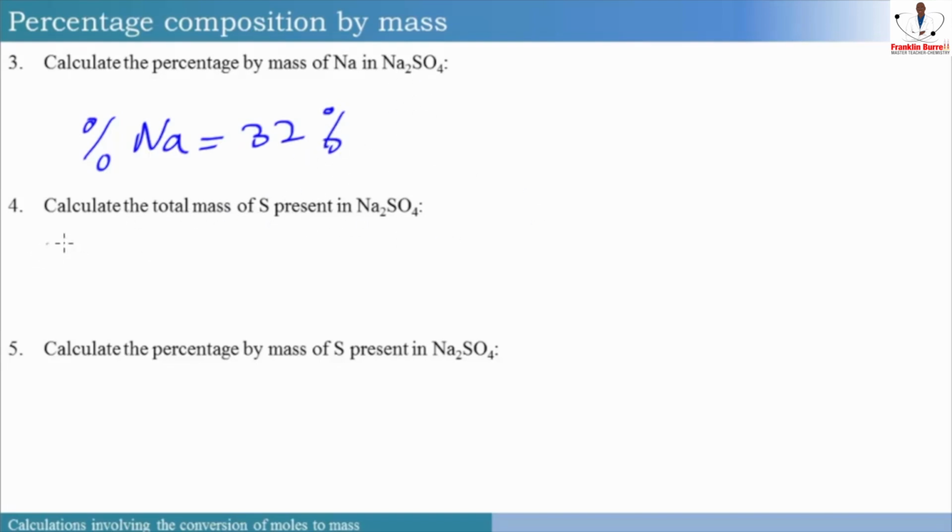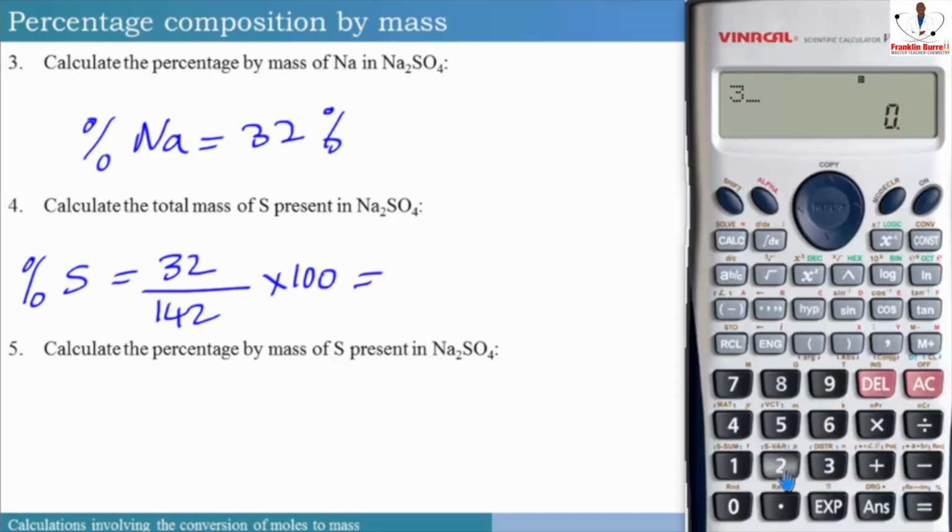Let's find sulfur. So percentage by mass of sulfur present would be 32 over 142 times 100. That would be equal to 32 divided by 142 times 100. So our value here is 22.5.